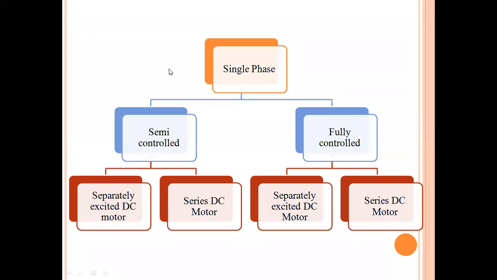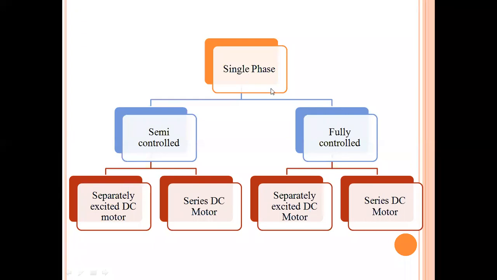Let's see. In the single phase supply, the first topic is single phase semi controlled fed separately excited DC motor. This is first one. Second one, single phase semi controlled series excited DC motor. This is second topic. Third one is single phase fully controlled separately excited DC motor.